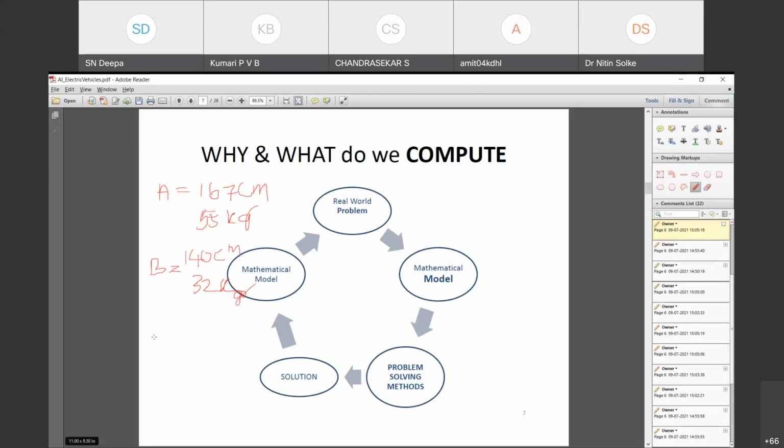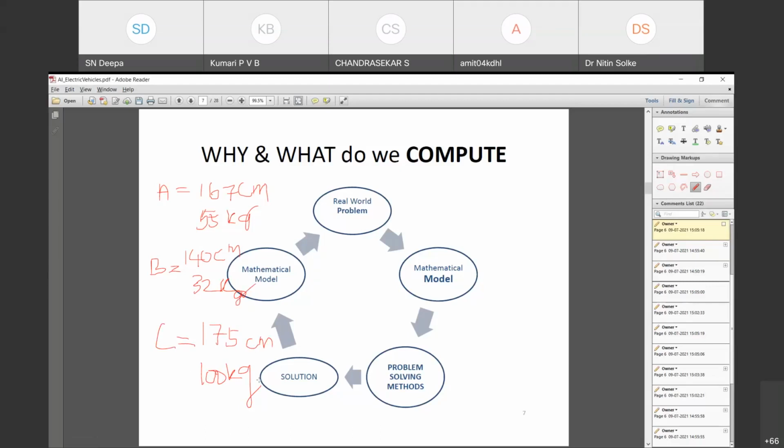Another, for example, person C is 175 centimeters with 100 kg. So see my dear participants, person A is like this, person B is like this, and person C is like this.